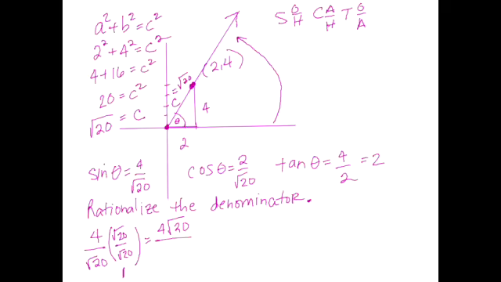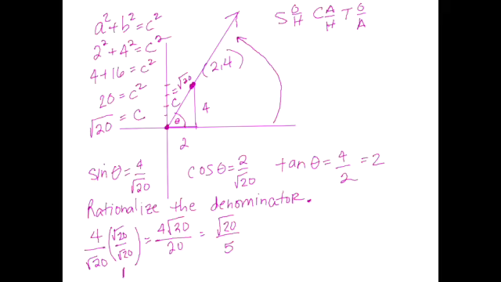The square root of 20 times the square root of 20 is equal to 20. Now I'm going to simplify. 4 over 20 reduces to 1 over 5. So I have the square root of 20 over 5.